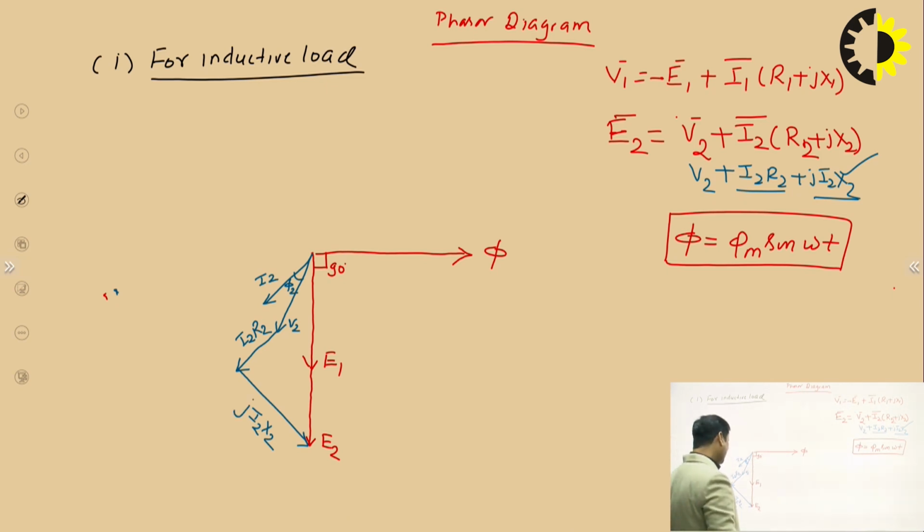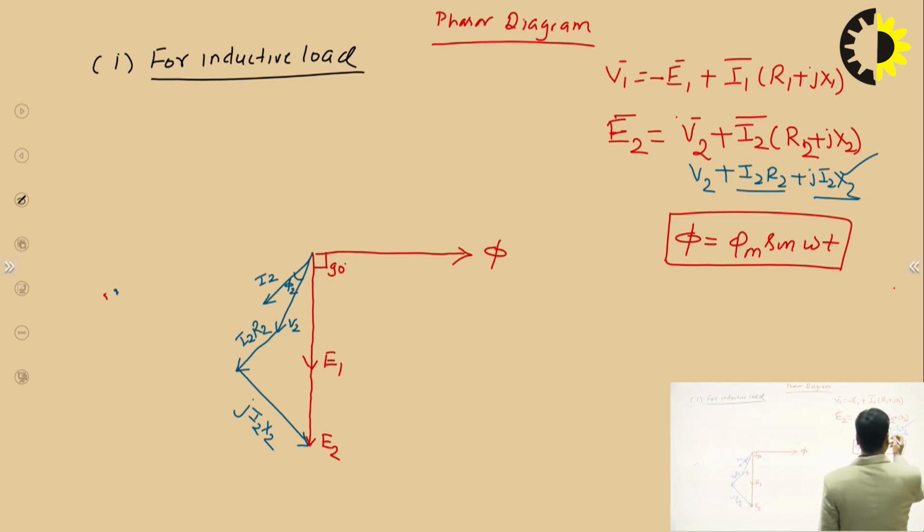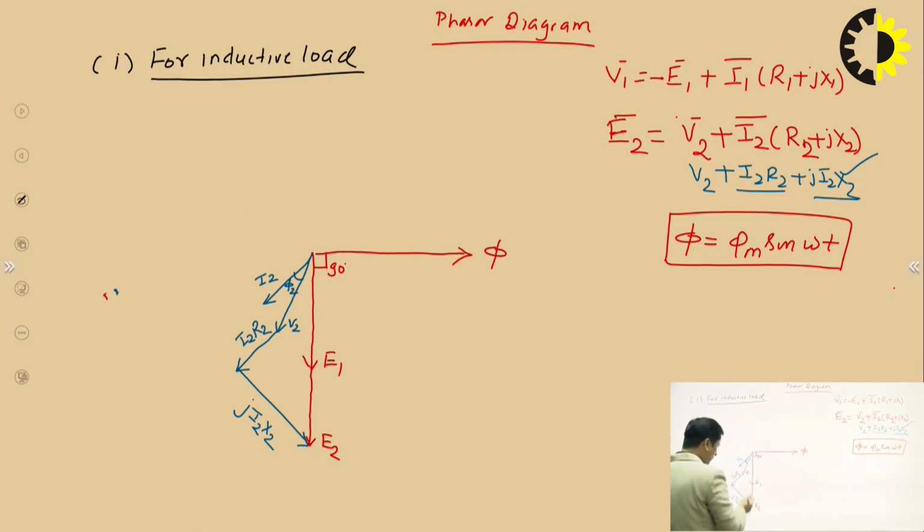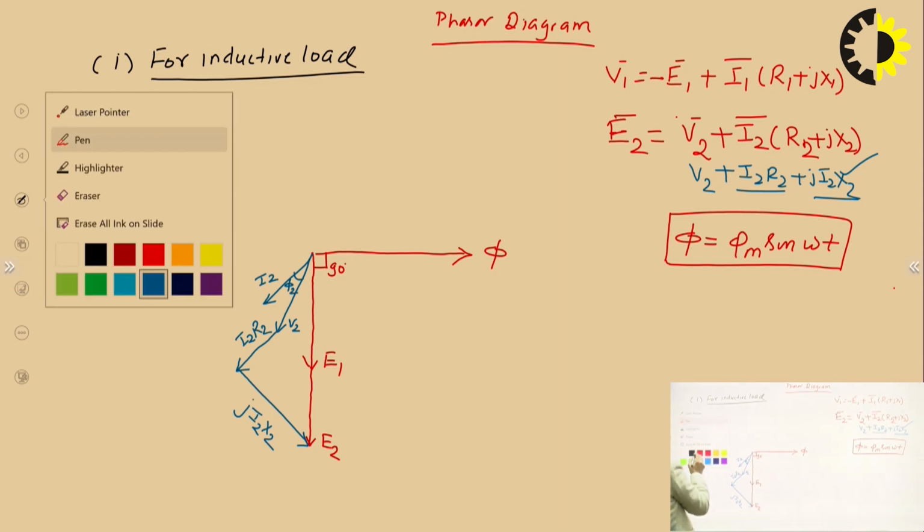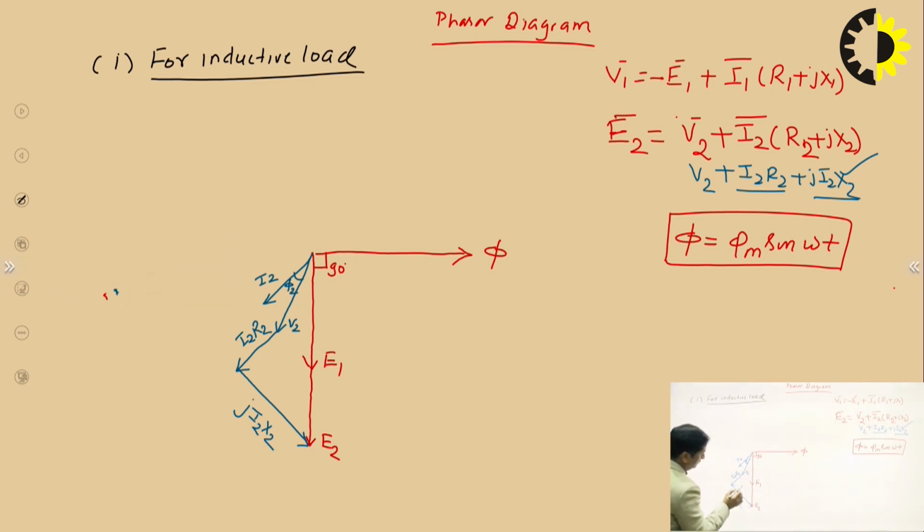So we can see that our E2 is equal to V2 plus I2 R2 plus j I2 into X2. So this is the phasor diagram as far as the load side is concerned. If you connect this, this will be your I2 Z2.